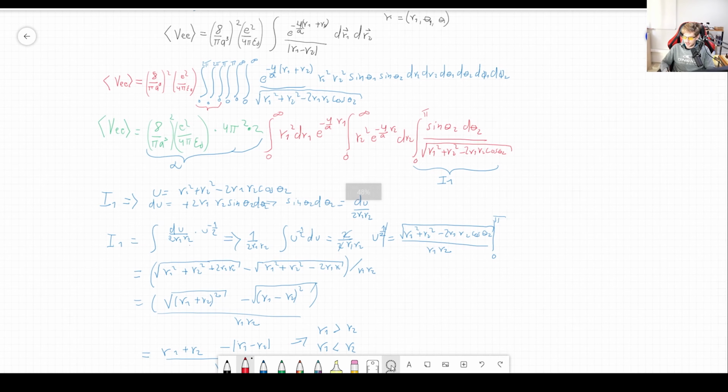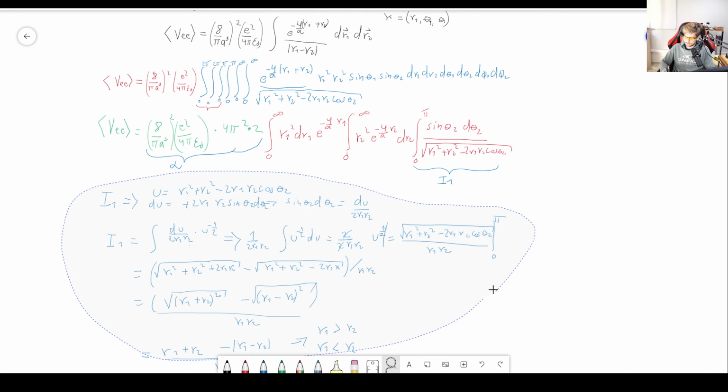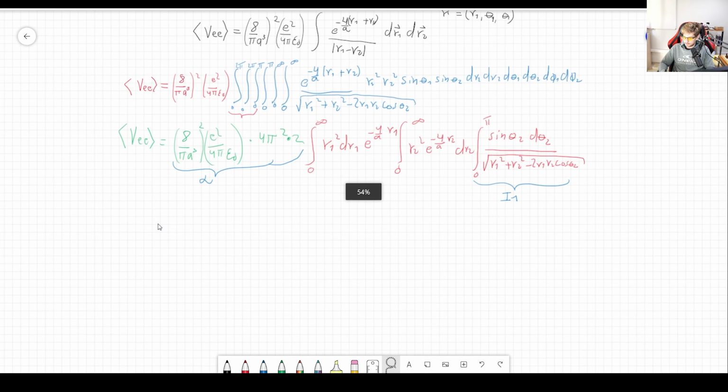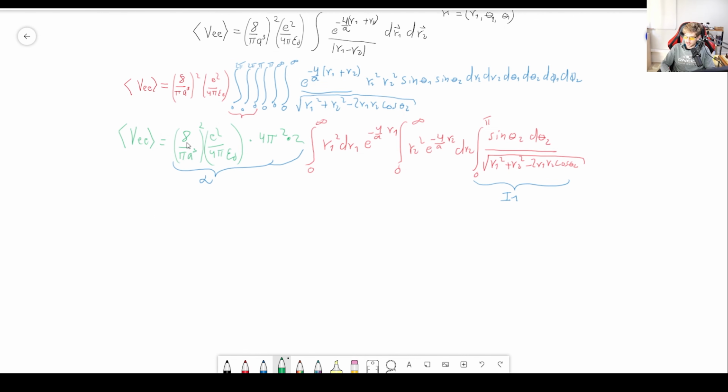So let me get rid of some of this. Okay, that's terrible. So let's see. I'm going to rewrite some of this. Of course, I'm going to leave this as alpha. This will be alpha, the first integral, which I will do nothing to just yet.